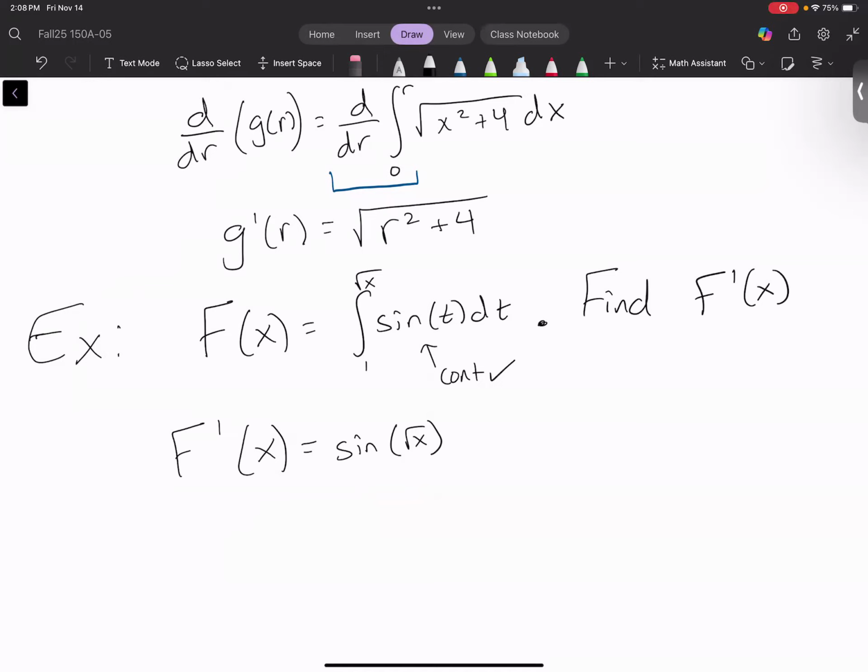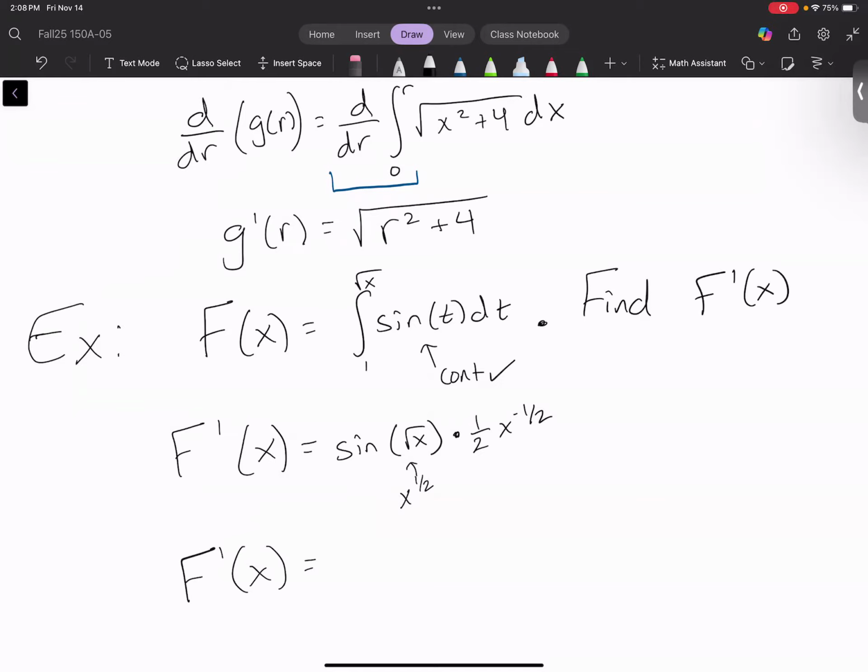But we get chain rule. I have to multiply by the derivative of the inside. So this is x to the half, so I have to multiply by half x to the negative half. That's chain rule, derivative of the inside.